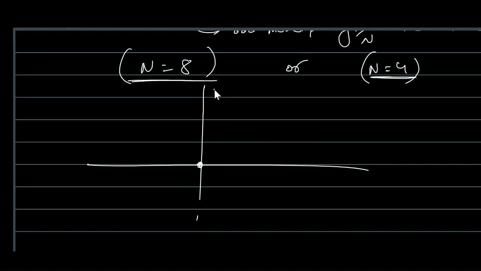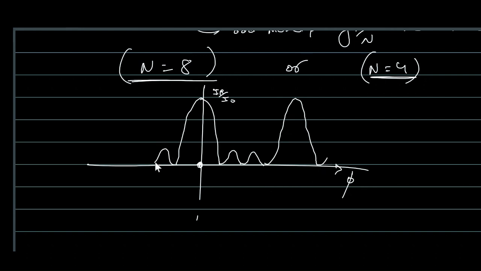Let's say this is IR by I naught on the axis and this is phi. At phi equals 0 this is the peak. There will be a minimum, there will be some bumps, again the peak will go up and come down, and a symmetrical situation will happen on this side also.